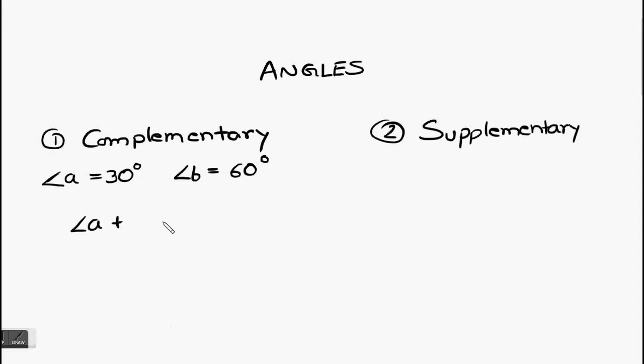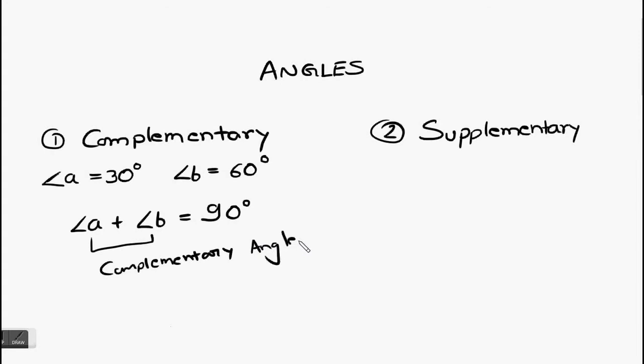When we add two angles and their sum is equal to 90 degree, we say that those two angles are complementary angles. So in simple language, when we add two angles and the sum is equal to 90 degree, we call those two angles complementary because they complement each other. That's why we say that angle A and angle B are complementary angles because they add up to 90.